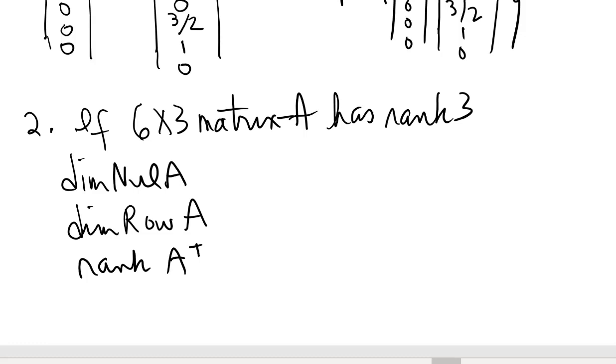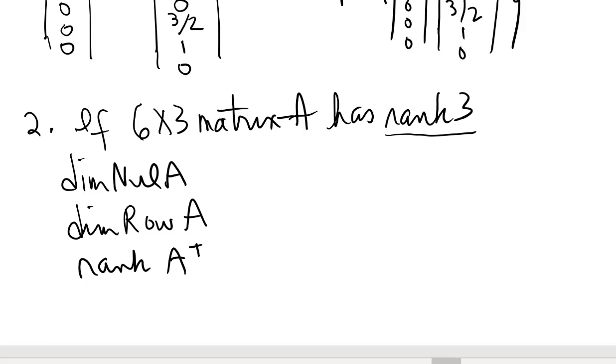Now we're thinking about the columns of A, and how many columns does it have? It has 3. And the rank is saying it's got 3 pivots. That means all 3 of those columns must be pivot columns. So that leaves no free variables.